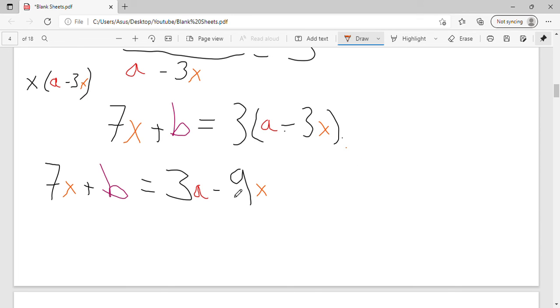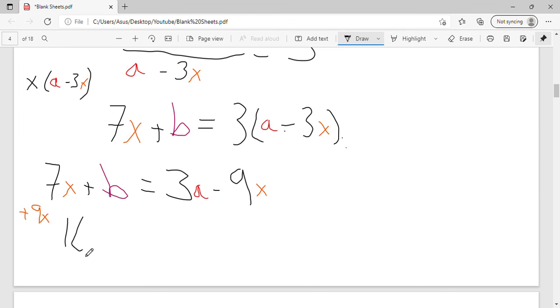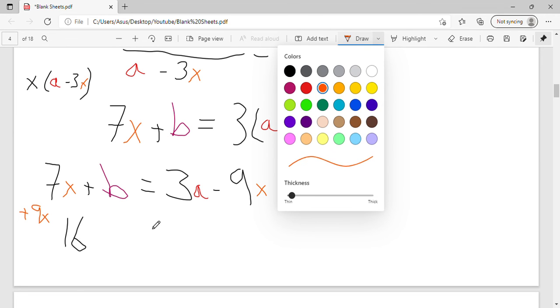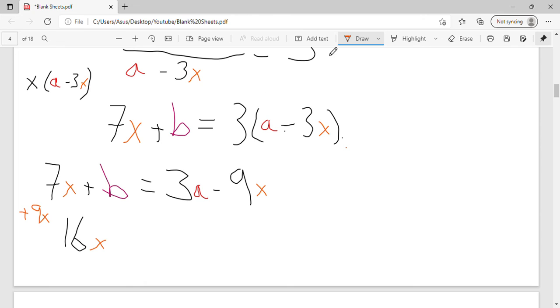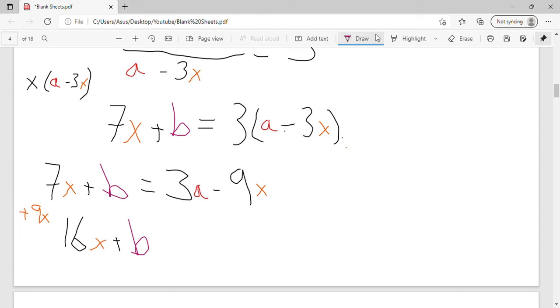Okay, so now let's get all the x's on one side. So add 9x to each side, so that goes over to here. 9x plus 7x makes 16x. 16x plus b, and that's going to equal, all on its own, 3a.